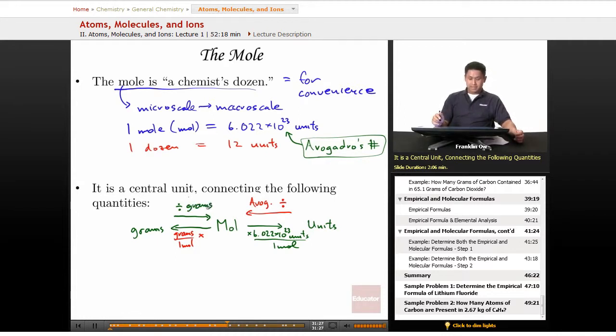So we can see that the mole is truly a central unit, and the conversion factor of grams per mole, that's what we call the molar mass. And this is equal to the grams that 1 mole of a substance weighs.